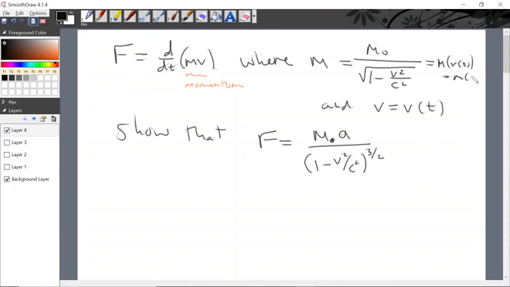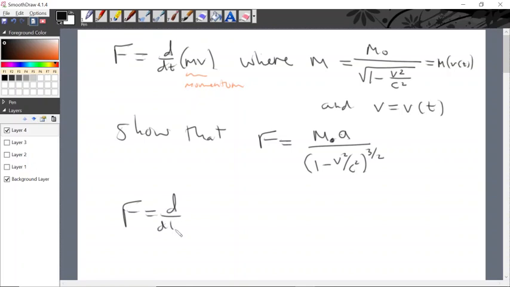So we've expressed mass as a function of time through the composition, m of v of t. So when we take the derivative of the mass, we would need to apply the chain rule to this formula right here. And furthermore, since the mass is no longer constant, to take the derivative of the momentum, we then need the product rule.